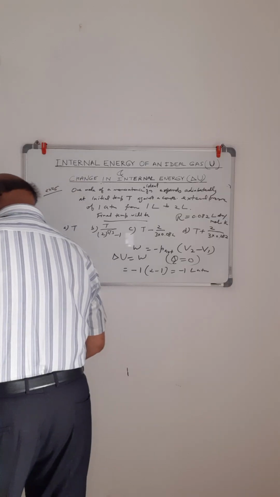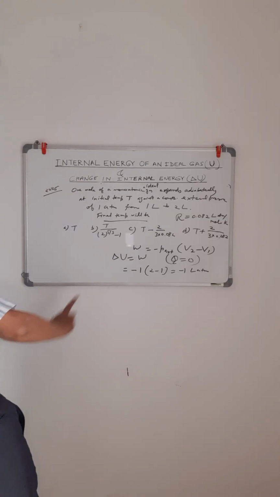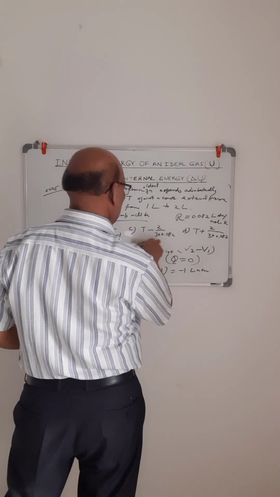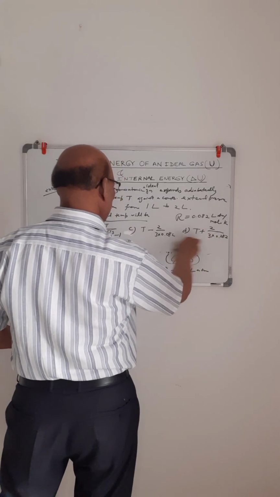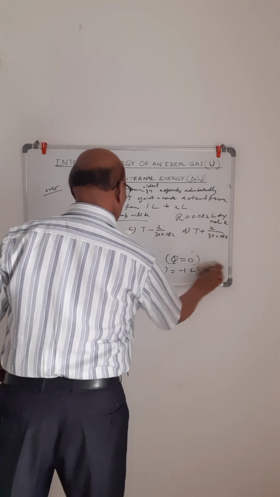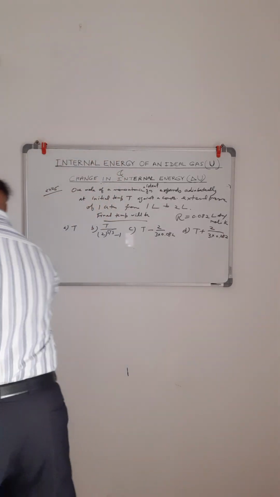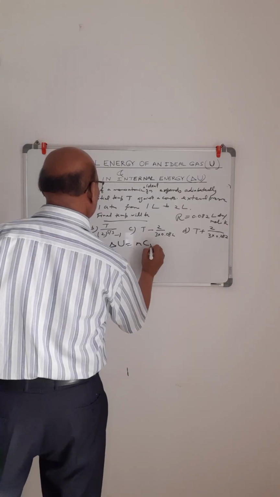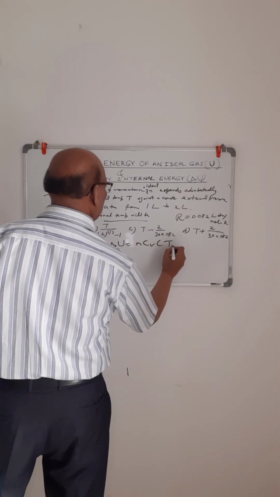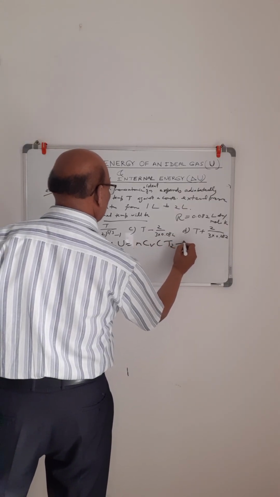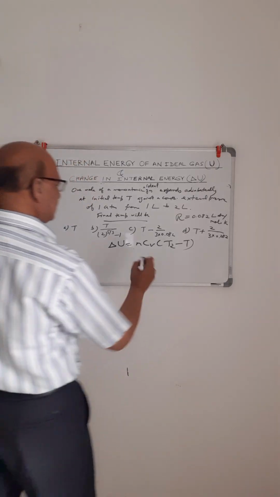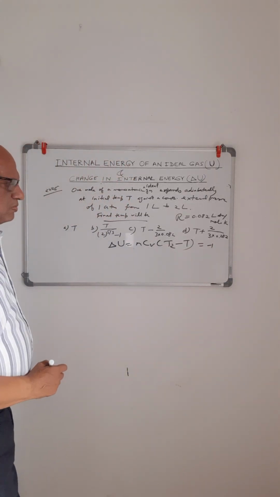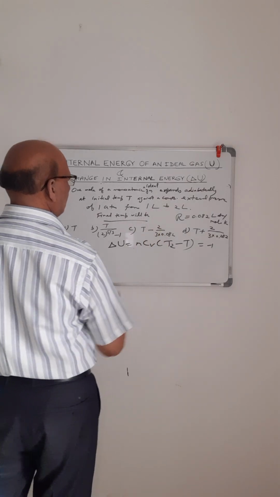Okay. Now we have found this delta U, and this we can equate to the value of delta U, that is nCV into T2 minus T1. Here T2 is, say, T2 and initial temperature is T, and this we have found out as minus 1, by minus P external into V2 minus V1.